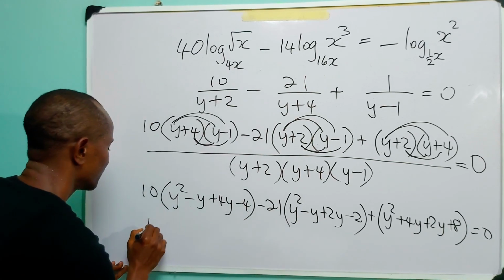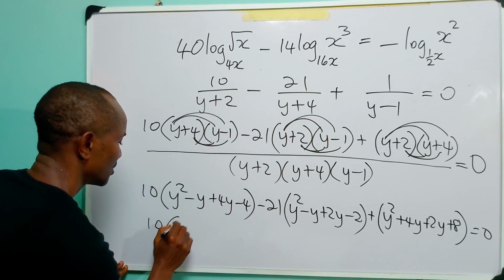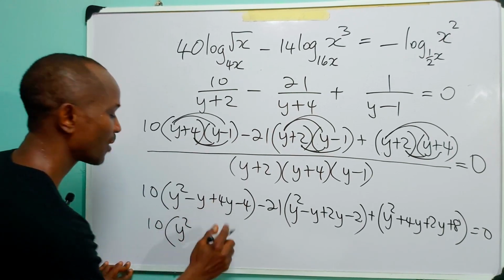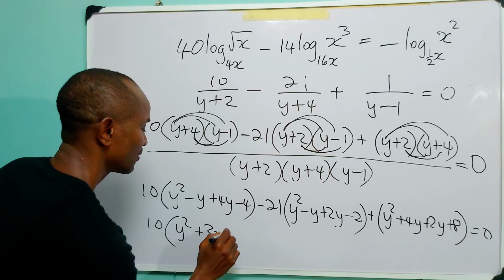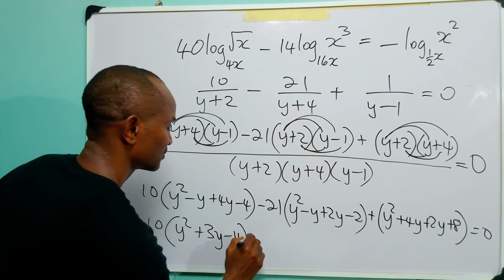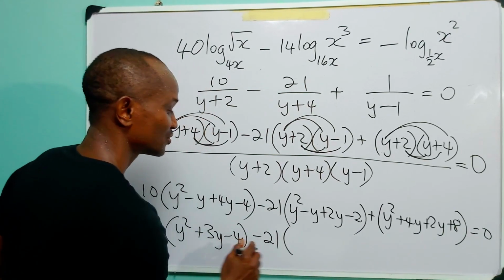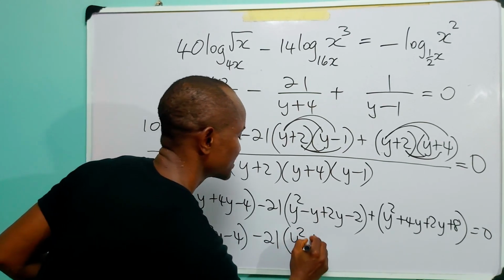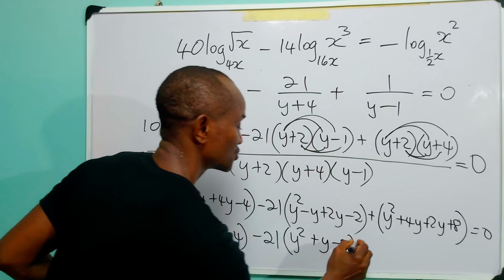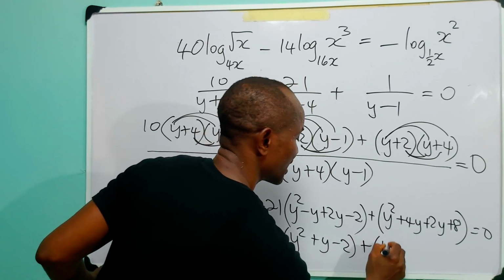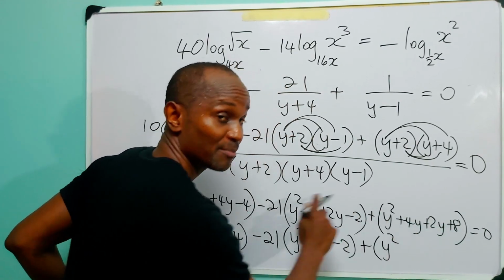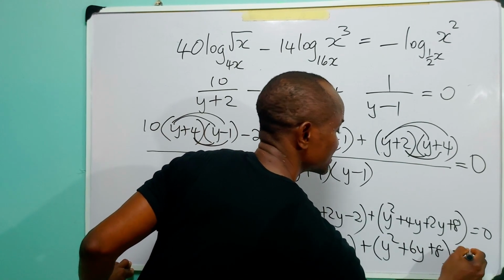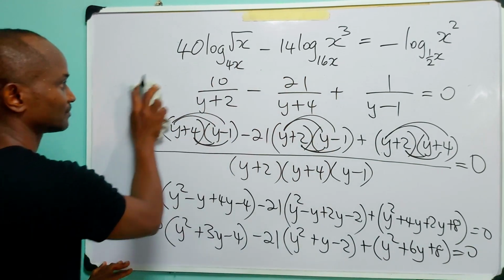Collecting like terms, we have 10 into y squared plus 3y minus 4, minus 21 into y squared plus y minus 2, plus y squared plus 6y plus 8, is equal to 0.